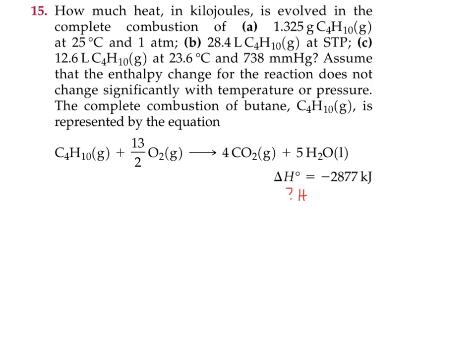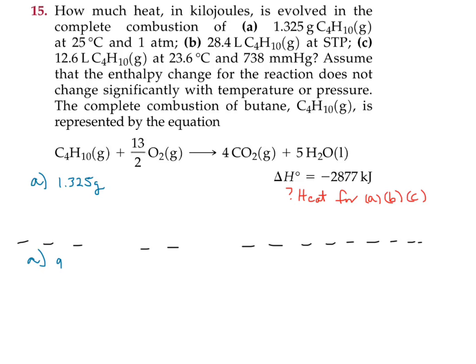Then for problem 15, I had some notes for B and C. For A, you don't need any notes. Basically for A, it gives you the mass of C4H10, and again, how much heat is evolved? It's exothermic. That's A. Not too bad. Now B gives you the volume of a gas, and B refers to STP, standard temperature and pressure for gases, which is different than standard temperature and pressure for thermodynamic problems.